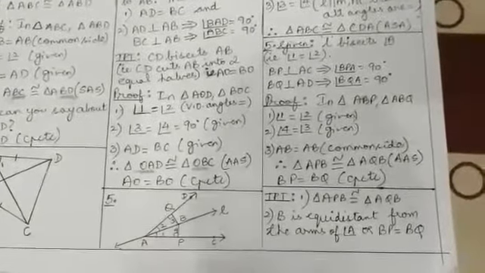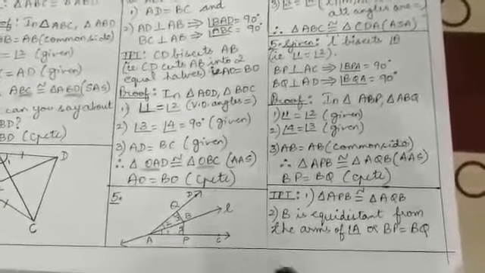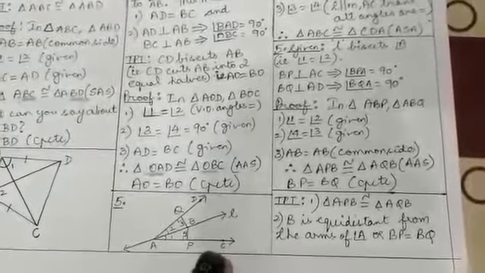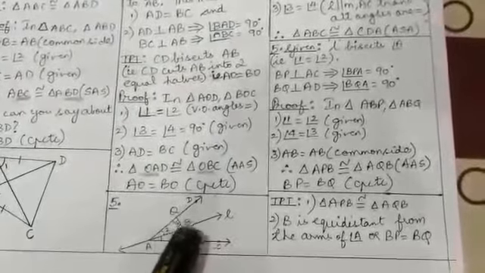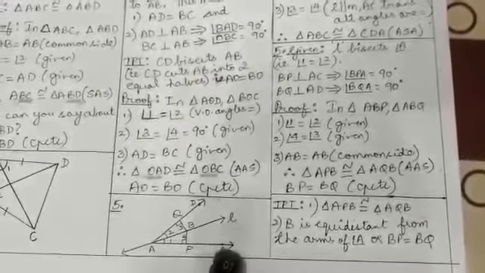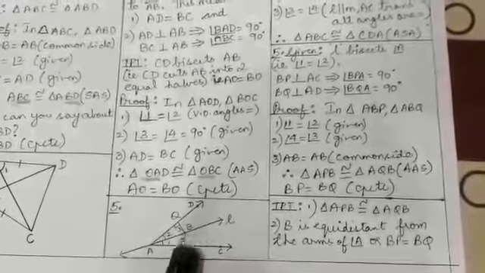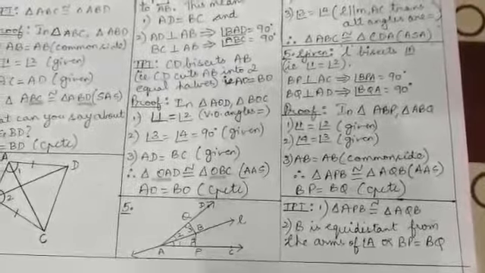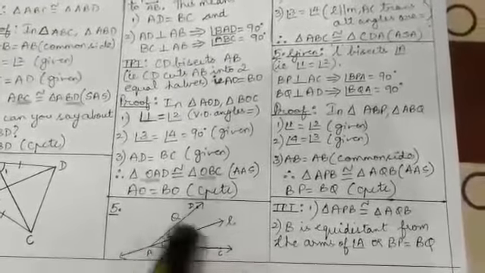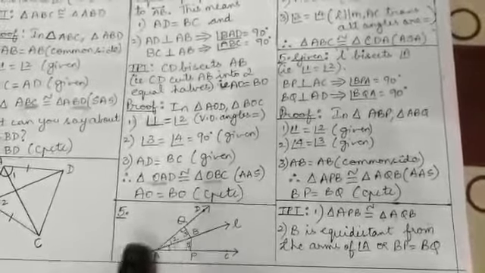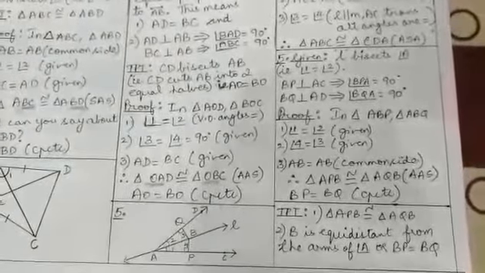Distance is always the perpendicular distance. So when we have to represent the distance of the point B from the arm AC, it's the perpendicular distance, and you know that BP is the perpendicular distance because it's right angled at P. Similarly, BQ is the perpendicular distance from the point B to the other arm of the angle.